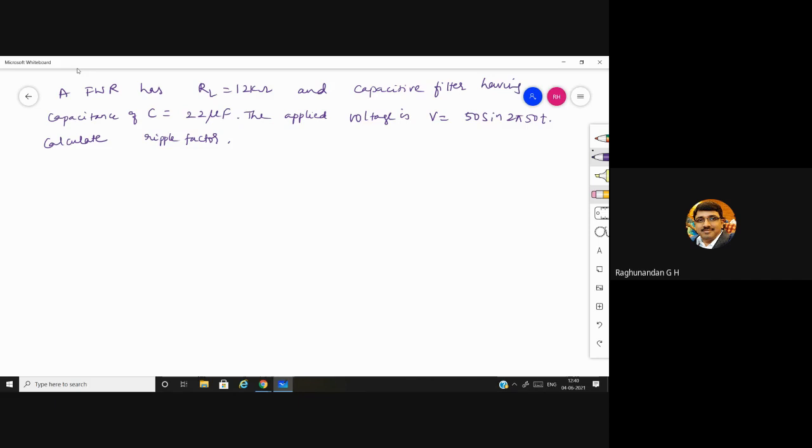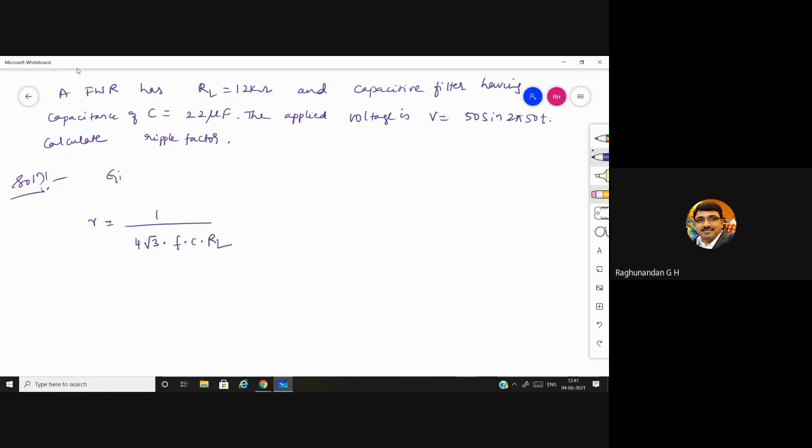So they're talking about a full wave rectifier. For a full wave rectifier with capacitor filter, what is the formula for ripple? It is r is equal to 1 divided by 4 root 3 f C RL.